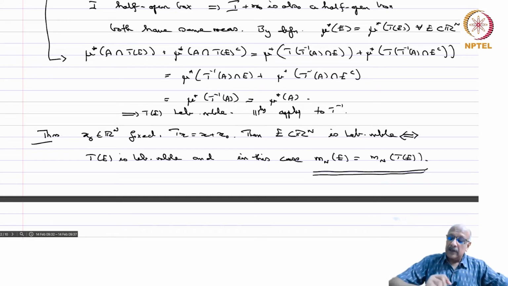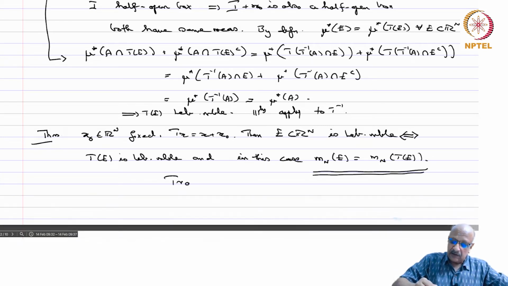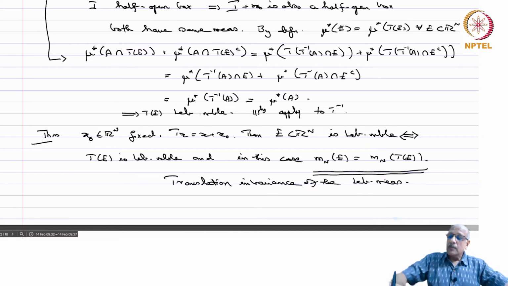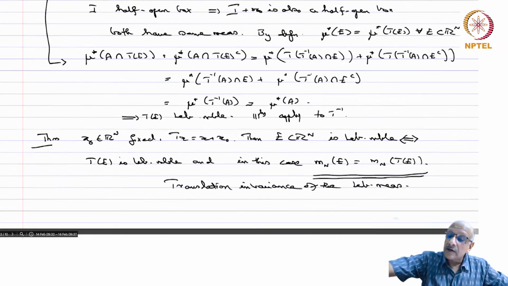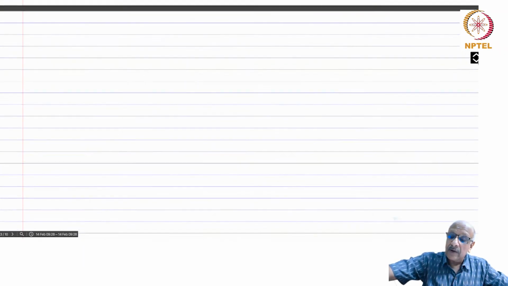So this property is called translation invariance of the Lebesgue measure. So a Borel measure is said to be translation invariant if the measure does not change under the translation mapping.